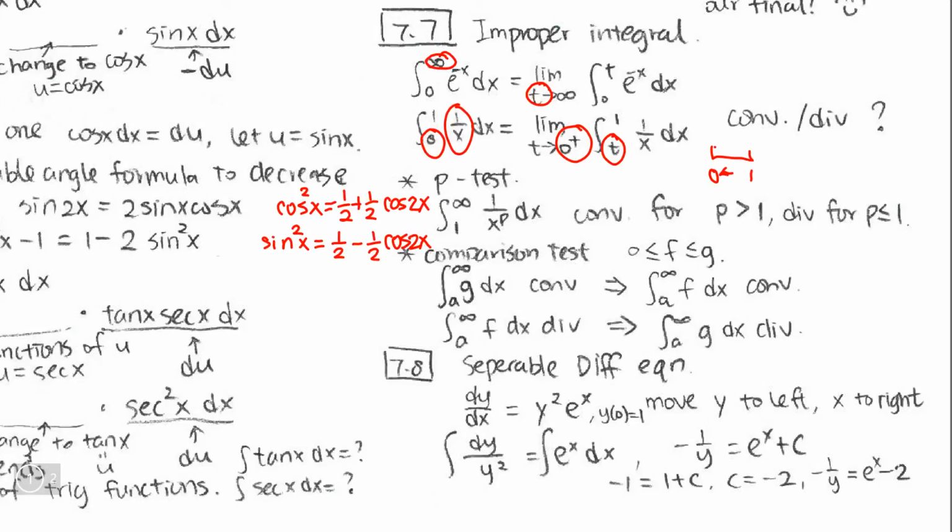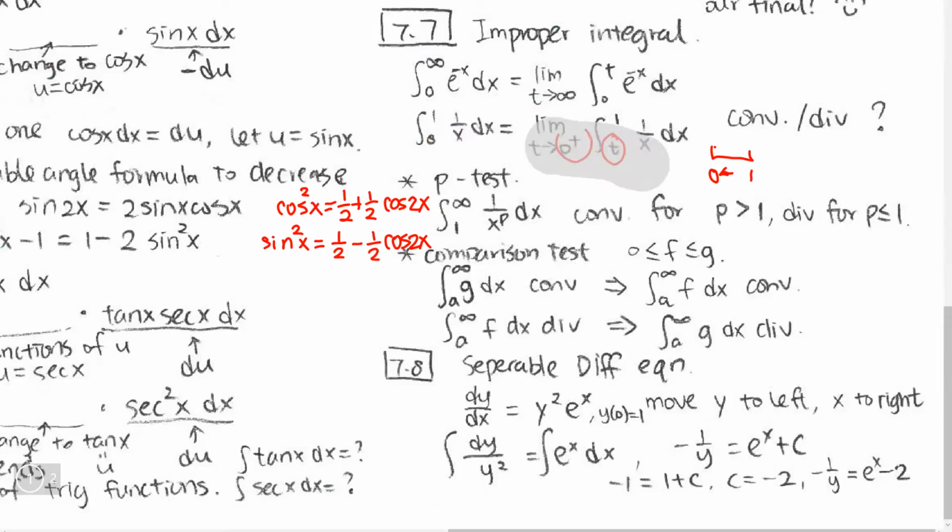Okay, and we also have the p-test. What is the p-test? When we have the integral from 1 to infinity of 1 over x to the p, this integral converges for p greater than 1. It diverges for p less than or equal to 1.